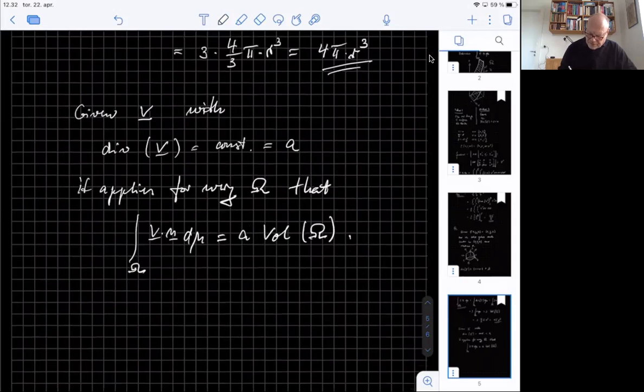So we could call this the special Gauss theorem.